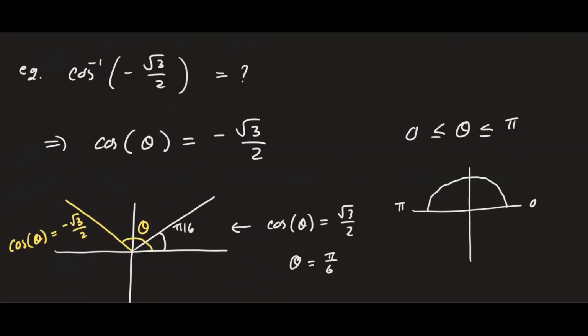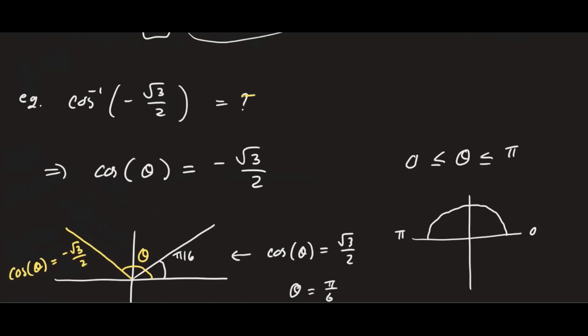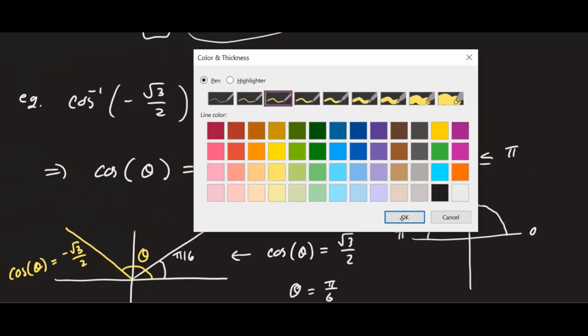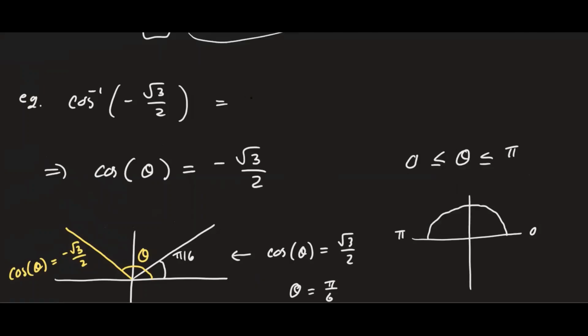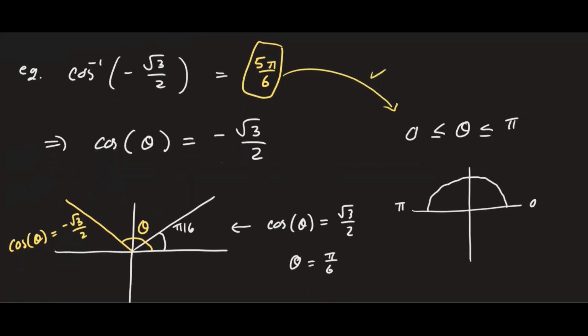Therefore, cosine inverse of negative radical 3 over 2 is 5 pi over 6, and that is within the boundary that we have. So that makes sense. All right, so this is it. I hope this idea makes sense.